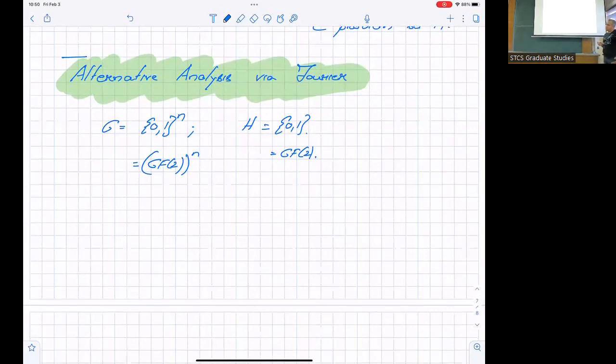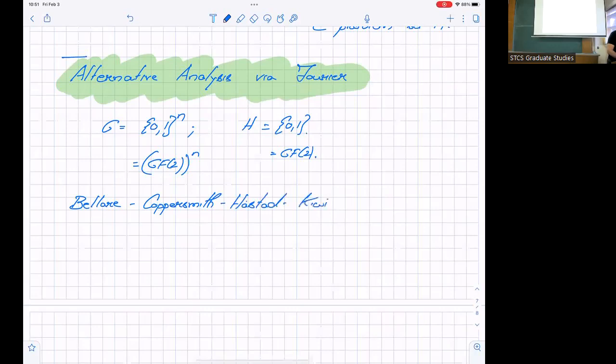In this case, we had the linear functions. The Fourier proof was discovered by Prahladh, Coppersmith, Harsha, Kiri and Susan.